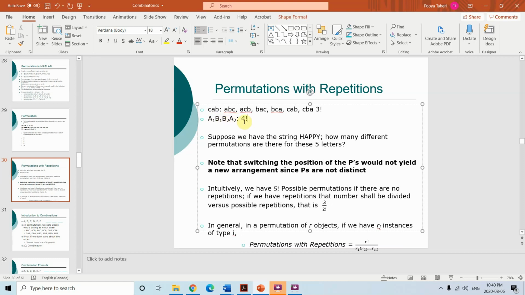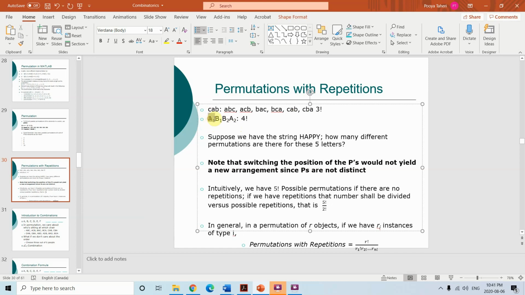Okay, and so let's say we have ABA as just one of the permutations. I'm counting it twice only because we have 2 similar A's. I counted it as A1 B A2, and then A2 B A1.